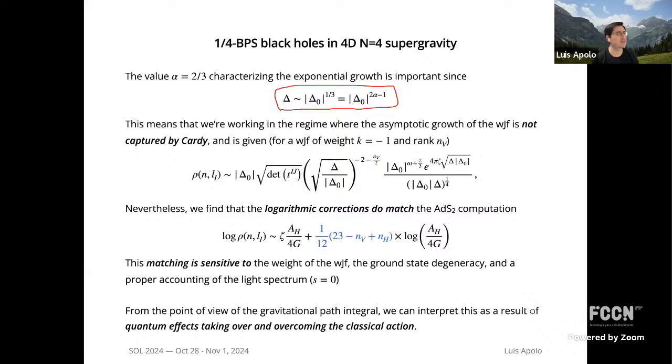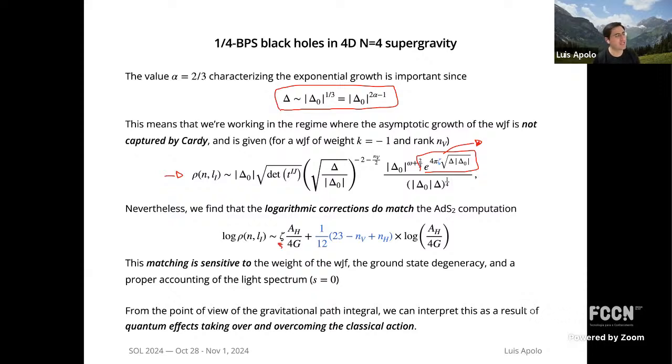The density of states, which you see down here, looks very complicated, but the exponential growth is not quite Cardy. So there's this theta here that is telling you that the entropy would be given by the area of the black hole, as written down here, times some number that is not 1, as you would expect it to be.